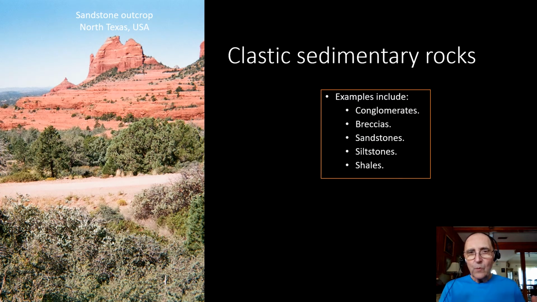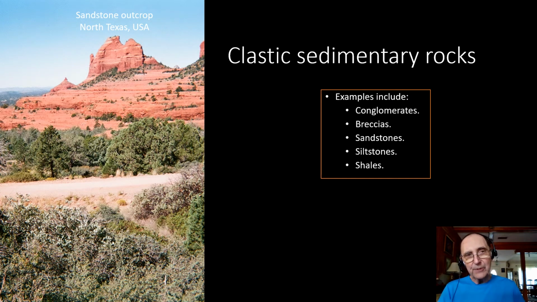Remember, we classify sedimentary rocks as clastic or non-clastic. So which ones are the clastic sedimentary rocks? Well, examples will include conglomerates, breccias, sandstones, siltstones, and shales. Let's look at each one of these.